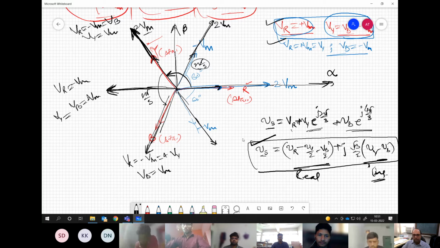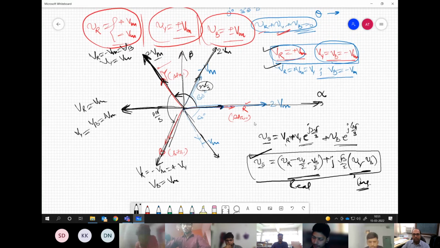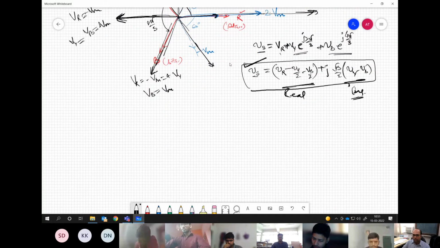If you recall, our two-level voltage source converter has voltage levels like this. It has only discrete voltage levels. VRO may be only plus or minus VDC by 2. VYO could be only plus or minus VDC by 2.